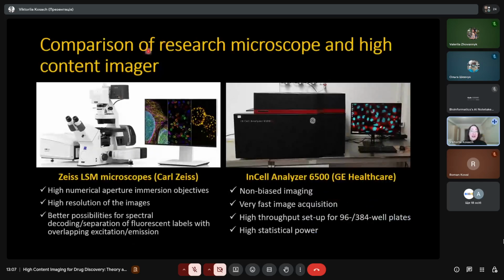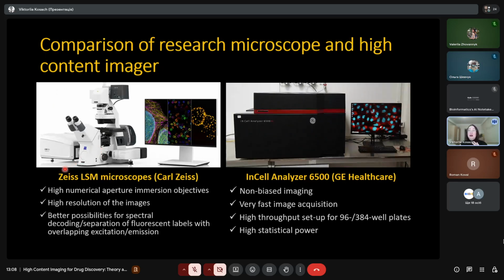Let's try and compare the research microscope and the automated high content imager. Here on the left you can see a classic laser scanning confocal microscope. You can see that it has a lot of possibilities for manual adjustments.